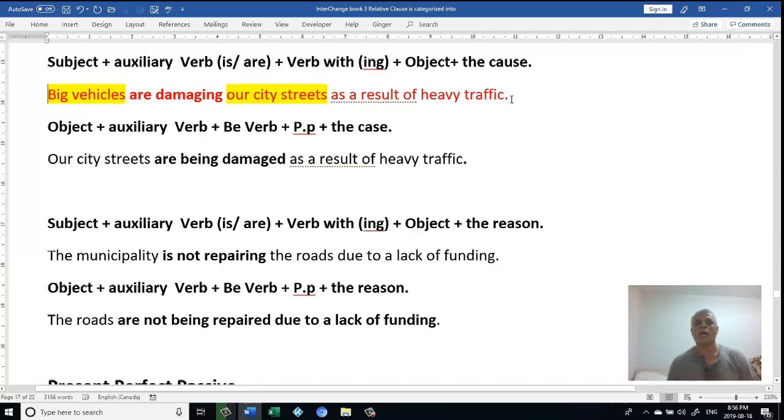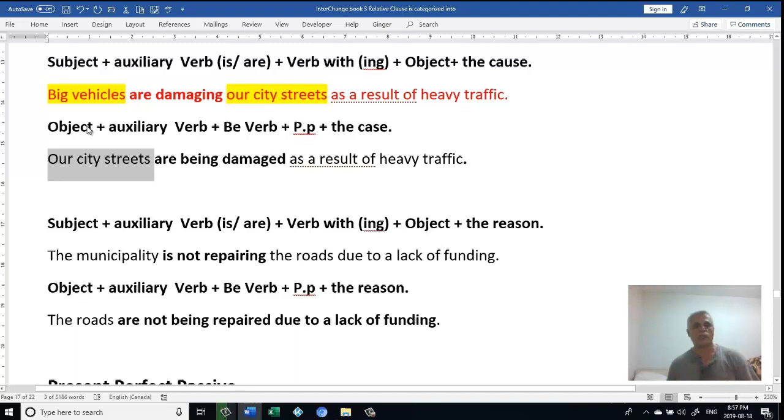Okay. Sometimes we don't add the agent. Then we go here because I have are damaging. Then I have to add be verb plus past participle. Here I'm going to add be, then being because it's continuous. Then this damaging, I'm going to make it damaged as we did here. Then you're going to say the new sentence.